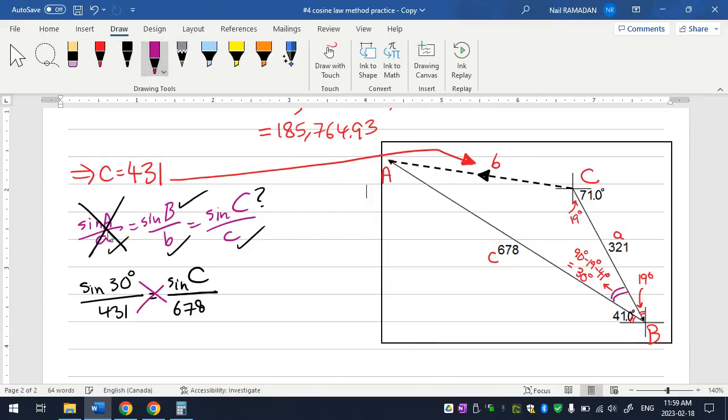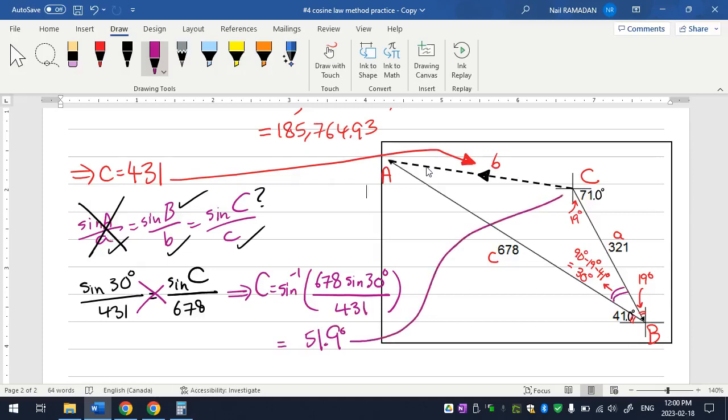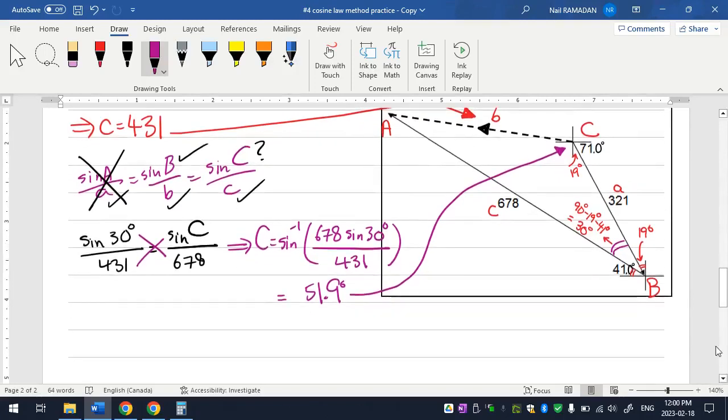So cross, you'll get C equals sine inverse of 678 sine of 30, all divided by 431, 51.9 degrees. Now, if we look at this, this is an obtuse angle. So practically, C is not 59 degrees.